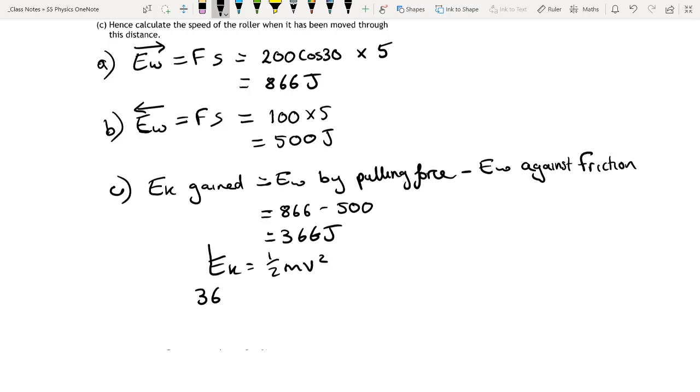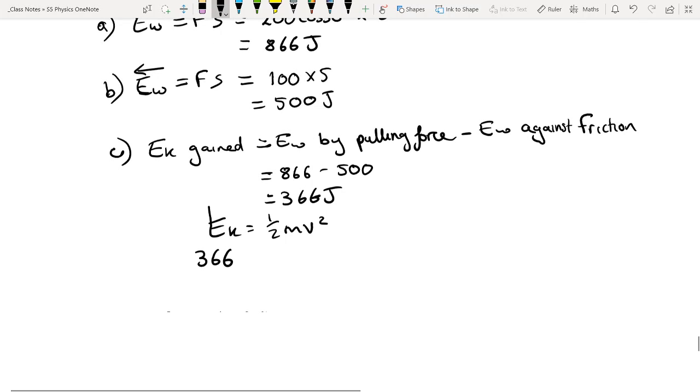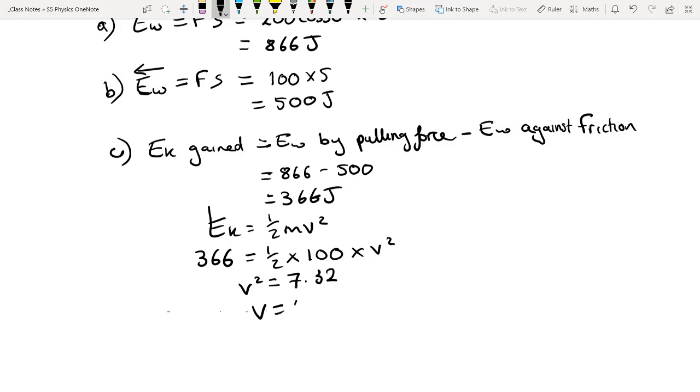So the kinetic energy gained, 366, is half times the mass of the roller, which is 100, times the speed squared. So you end up with the speed squared being 7.32, and the speed comes to 2.7 meters per second.